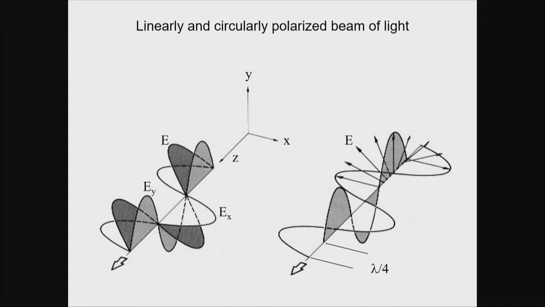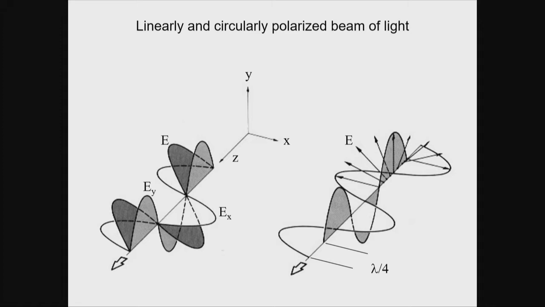To start with, just a primer: polarized light. If you have a beam of light that travels along the z-axis, then the electromagnetic field that carries that light has an amplitude and a direction. An electric field is a vector, so it has an amplitude and a direction.